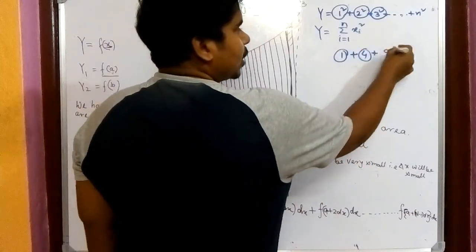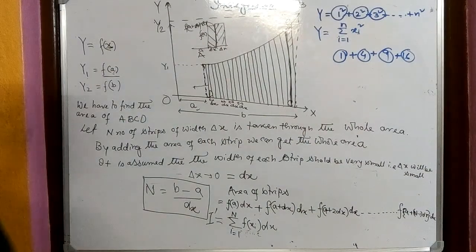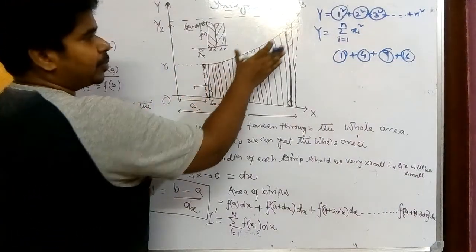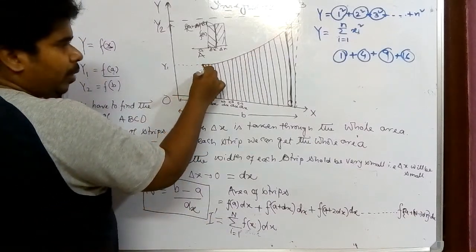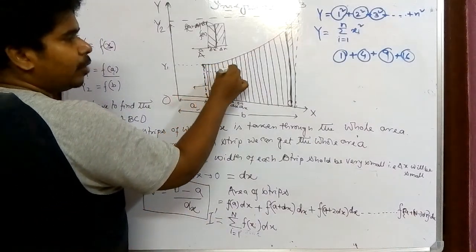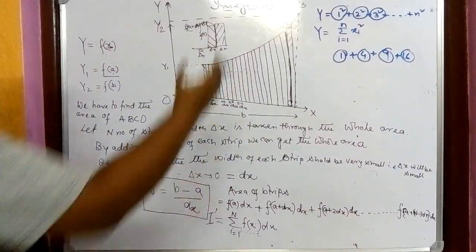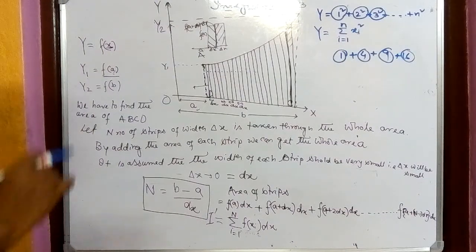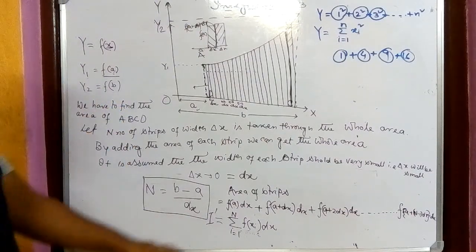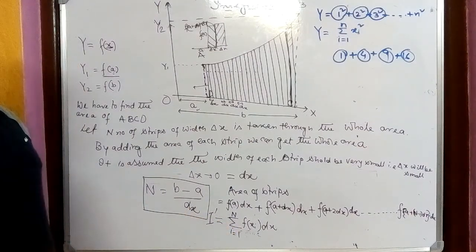All the numbers are separate. But whenever we have to see the shape, one by one, these are very much continuous. They are not separate, they are not distinct, just like we have seen in this function. So for that reason we cannot use summation here.